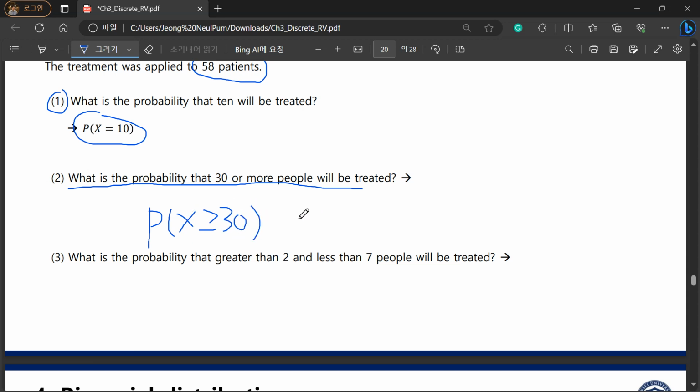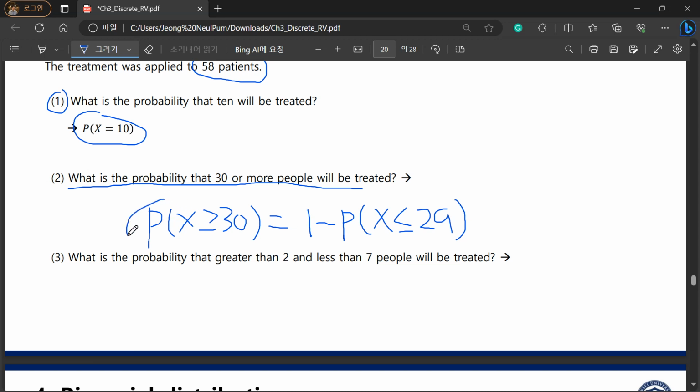And actually this is the same as 1 minus the probability when x is less than or equal to 29, because the summation of all of the probabilities of the random variable has to be 1.